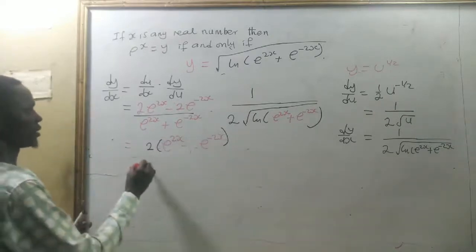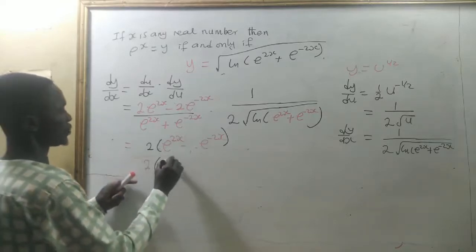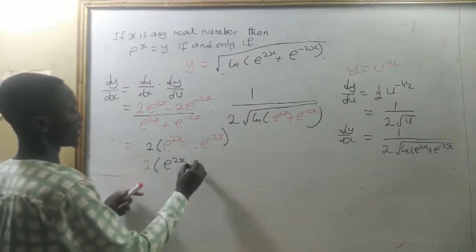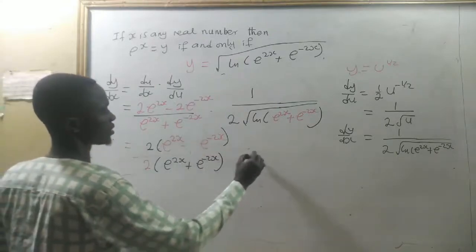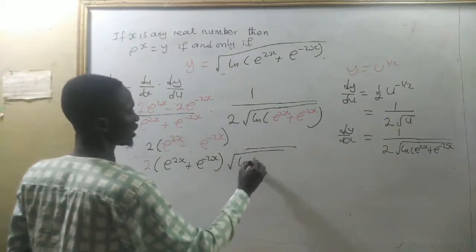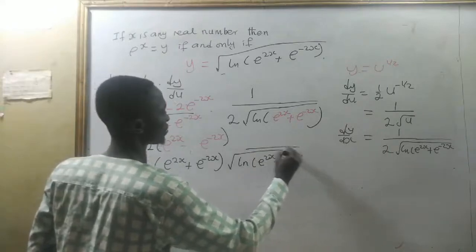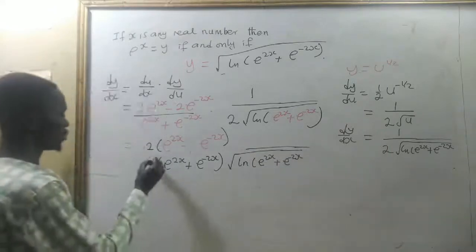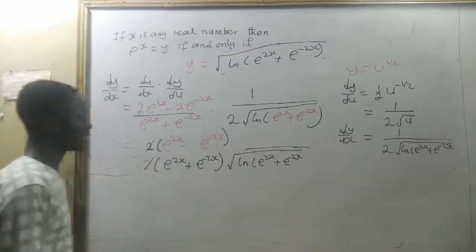All divided by 2 times the bracket e to the power 2x plus e to the power negative 2x, times the square root of natural log of e to the power 2x plus e to the power negative 2x. So these 2 will cancel these 2 and our final answer will be that.